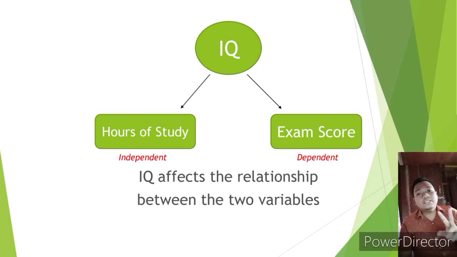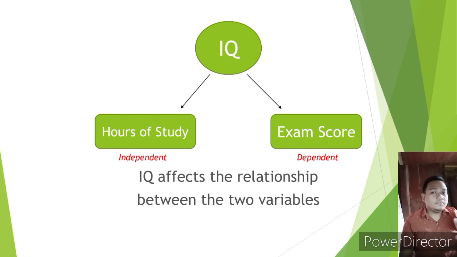But there is a moderator among that too. If you study more but you do not have the IQ, the moderator, it also affects the two. Even though you study more, if you have less of the moderator variable, I think it will also affect the exam score, no?